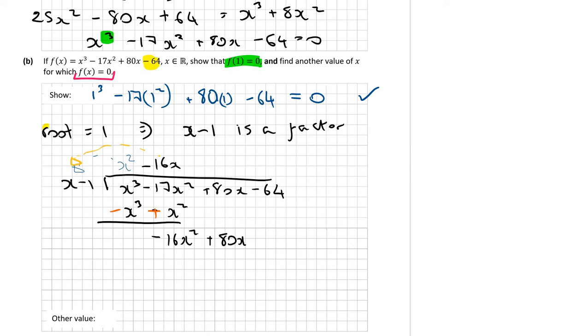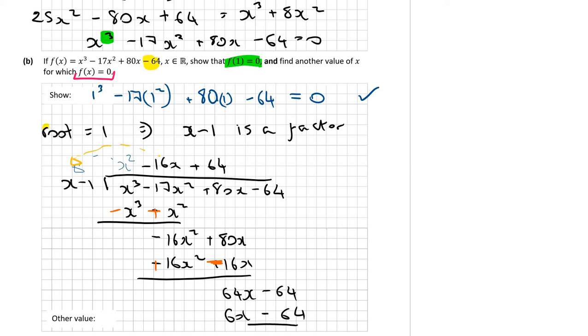Minus 16x times x is minus 16x squared plus 16x. Again, I'm going to change the signs and add. I'm left with 64x minus 64. Well, x into 64x goes plus 64. Multiply that in, and I've got 64x minus 64. So when you subtract them, or change the signs and add, you get 0.